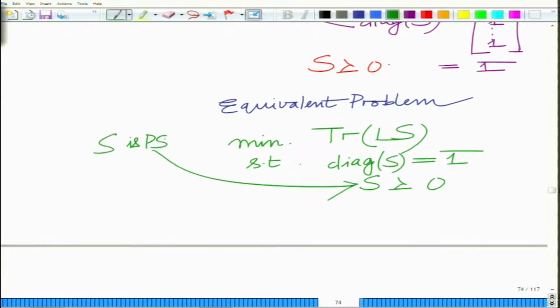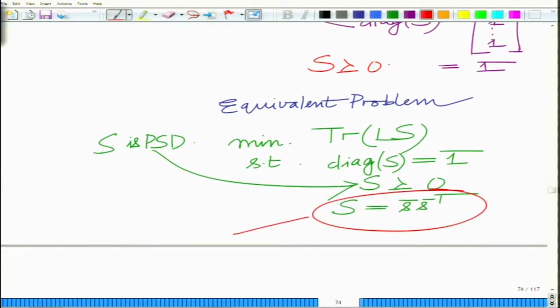Further, S can be written as S bar S bar transpose. Now, of all the constraints, this is the most difficult, non-convex constraint.